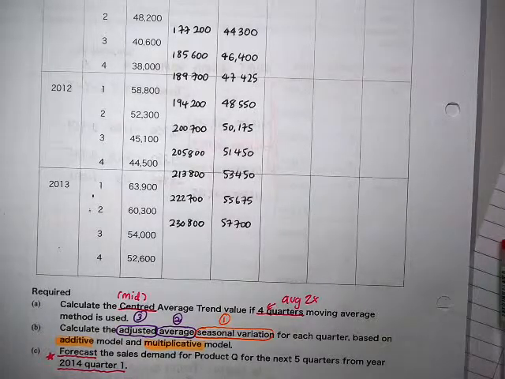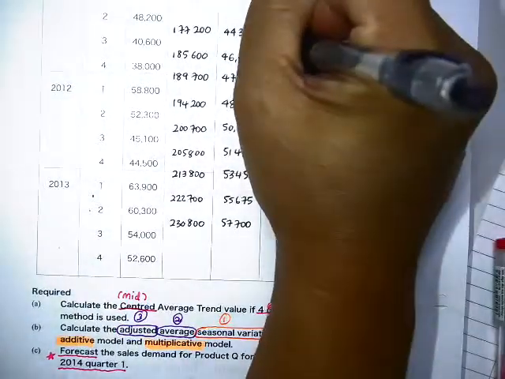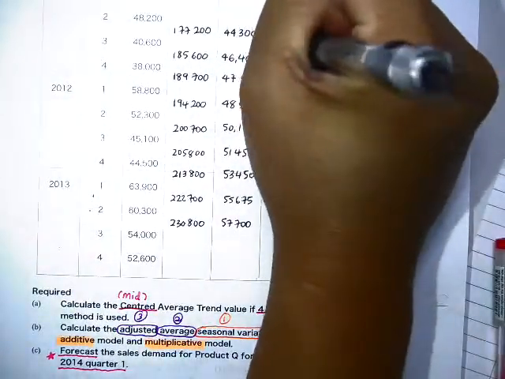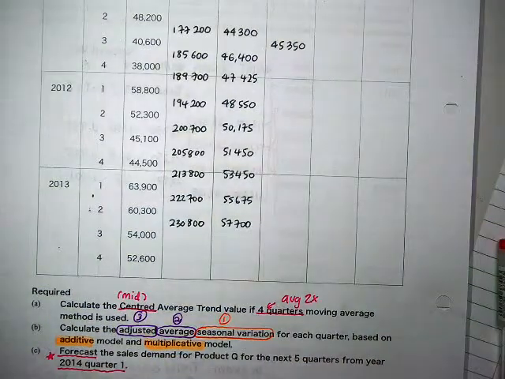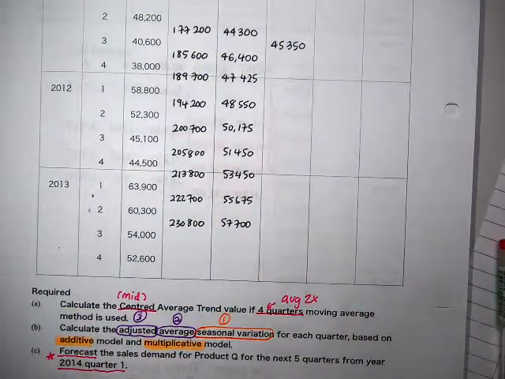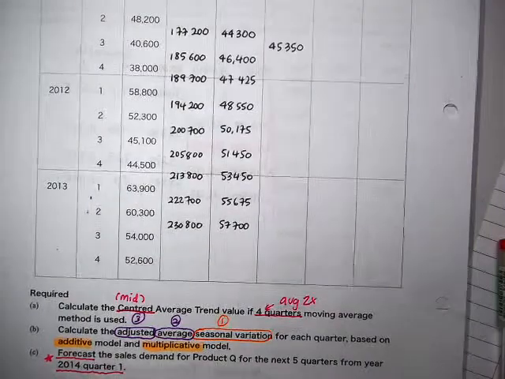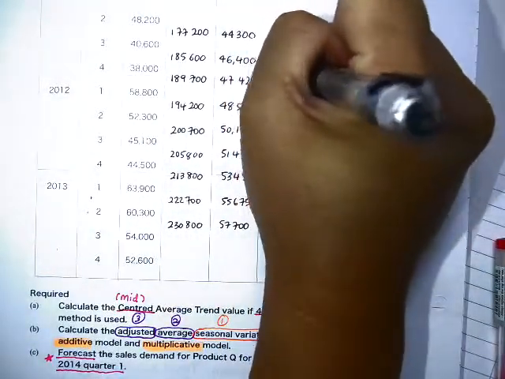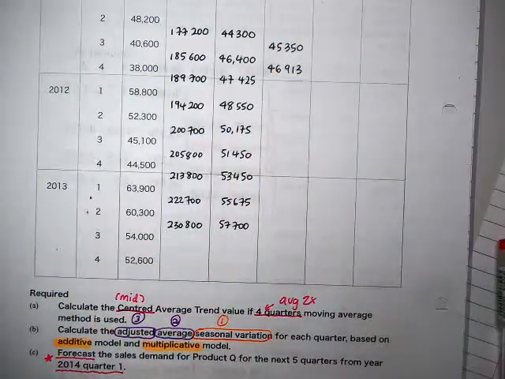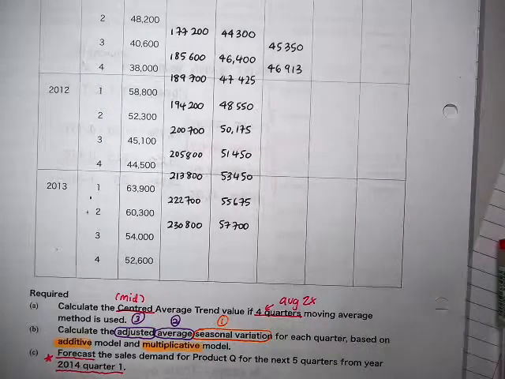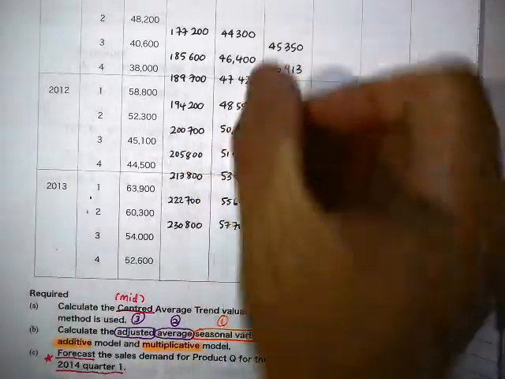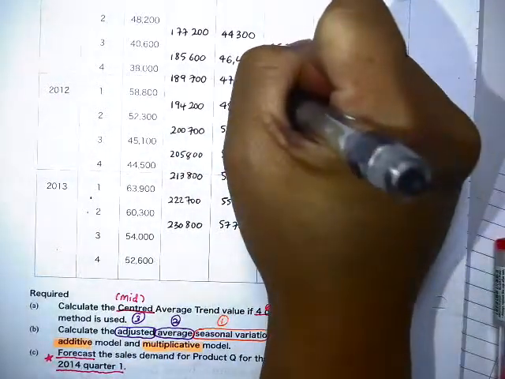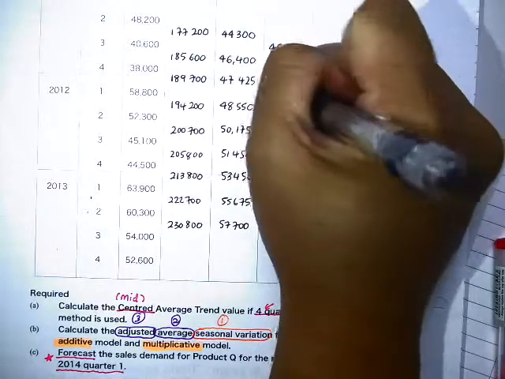I think some will have decimal points, so I will just round it to the nearest. 45350. 46913. 47425. 47988.